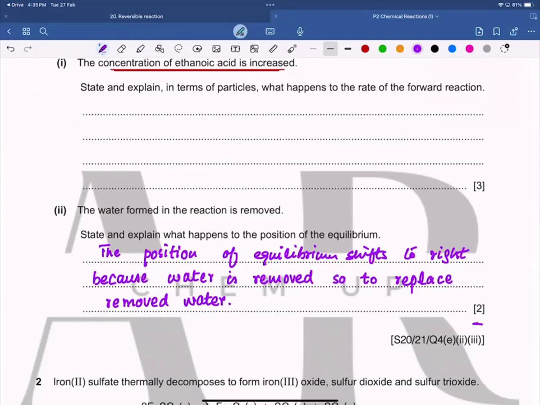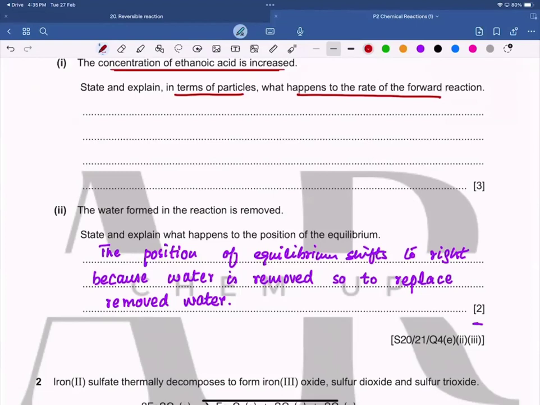If any one of you has any query, any question, please ask. And remember, they have mentioned you have to explain in terms of particles what happens to the rate of forward reaction. When there is more concentration, how are the molecules arranged? Are they closer to each other or further away from each other? Closer.